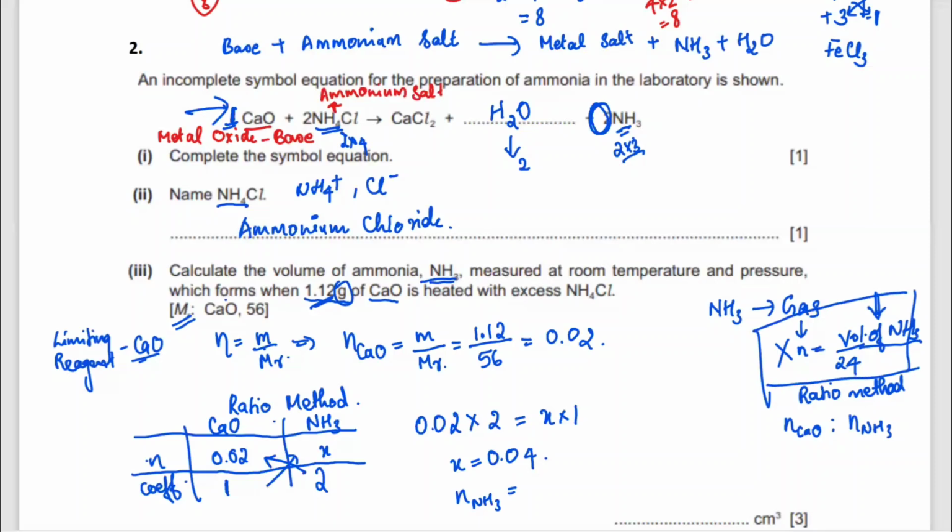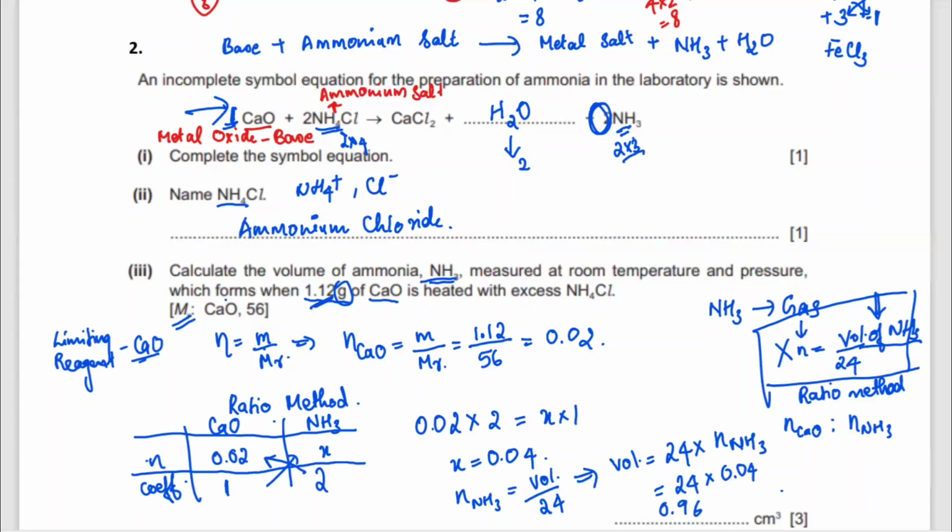That is the formula that we use to find the number of moles of a gaseous substance. NH3 being a gaseous substance, the number of moles of NH3 is volume by 24, and we have to find the volume. So the volume of NH3 will be 24 times the number of moles of NH3, which is 24 times 0.04, which equates to 0.96 centimeter cube.